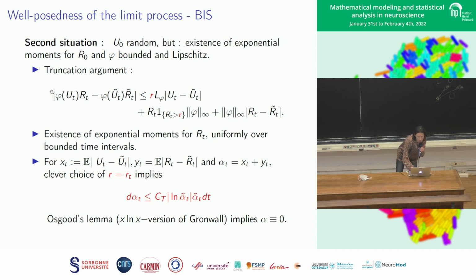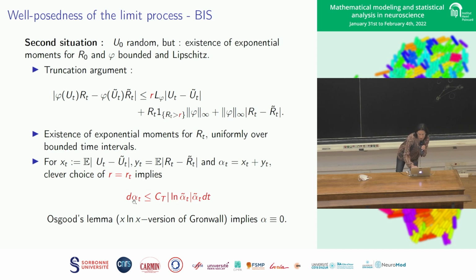If I compare two solutions, (U, R) and (U tilde, R tilde), and their non-Lipschitz contributions, if I truncate the large values of R by little r here, which is a fixed truncation value, you get the contribution of R where it overshoots this truncation value, plus the existence of exponential moments for R_t uniformly over time.